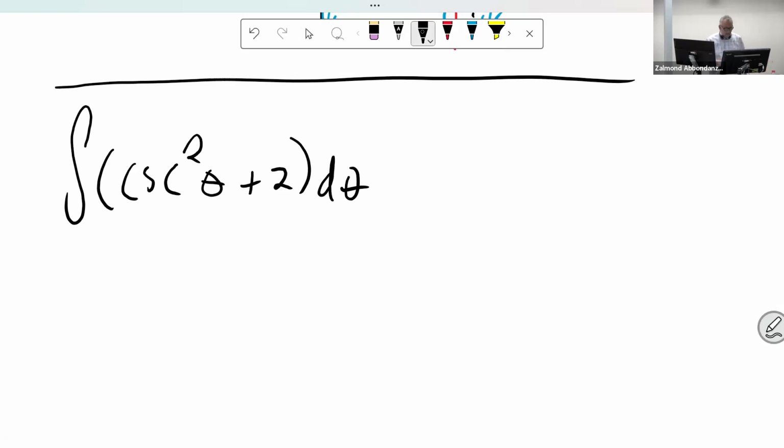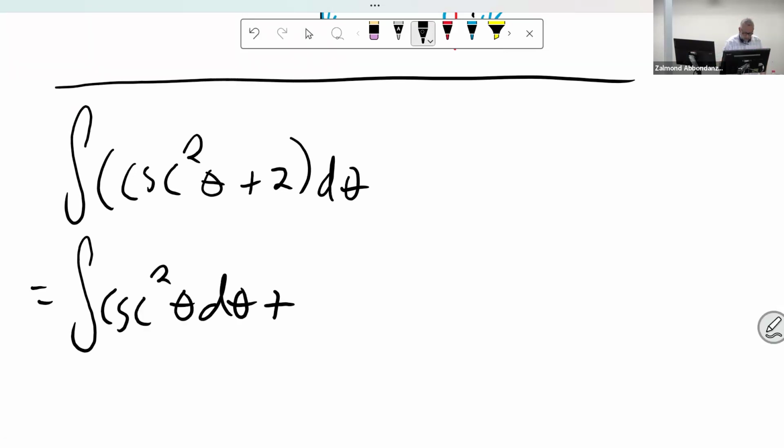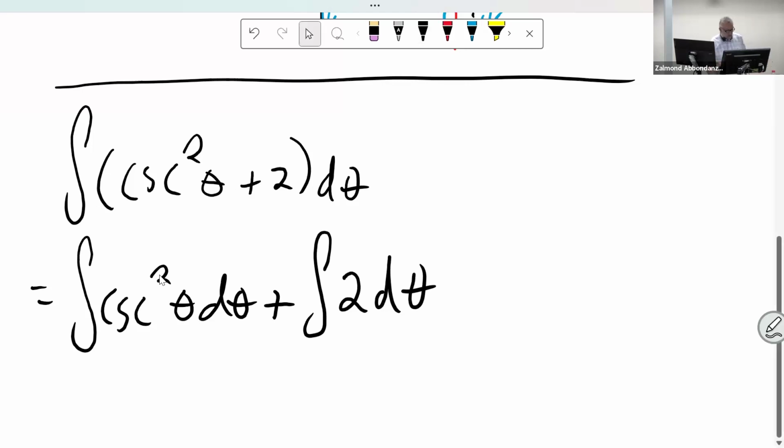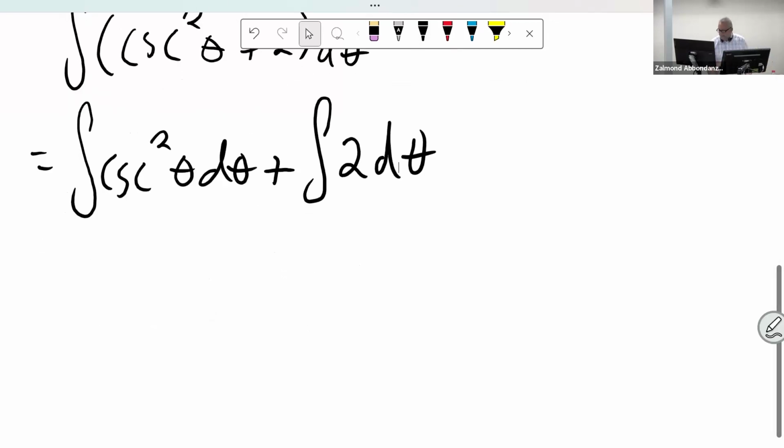All right. Well, first of all, I would look at these two terms separately. You don't have to write them separately, but you're going to take the indefinite integral of the cosecant squared function and the constant function. So I'm just going to temporarily write them like this, so I can see them. So the first one I'm looking for, we have our chart here.